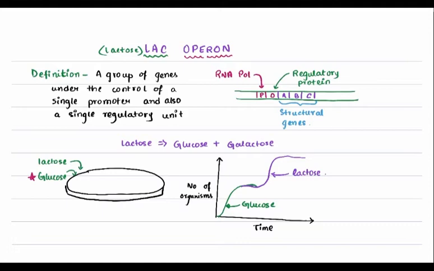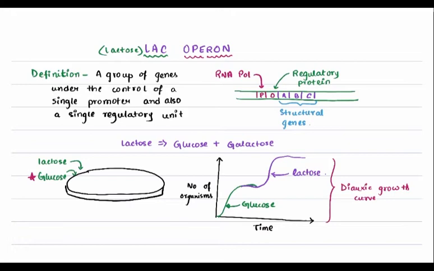Altogether, we call this kind of growth curve, which is seen in the presence of glucose and another sugar, a diauxic growth curve. So there would be two different curves, one for glucose and one for lactose in the same medium.